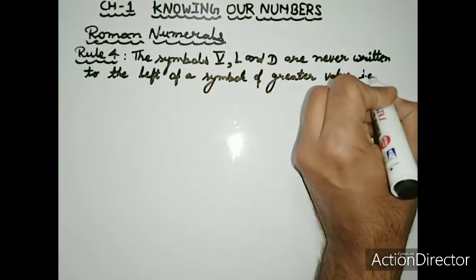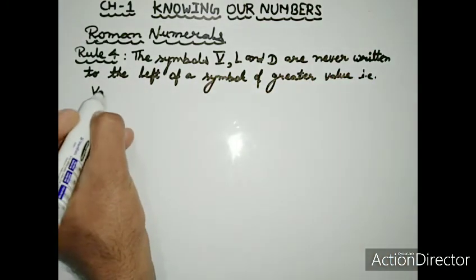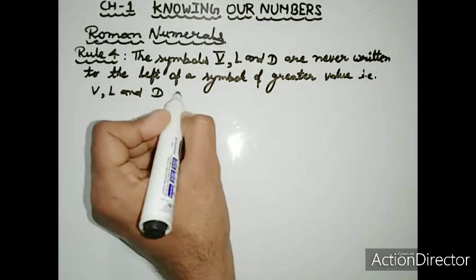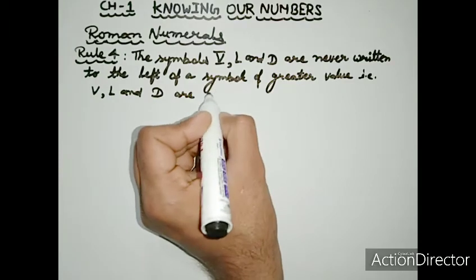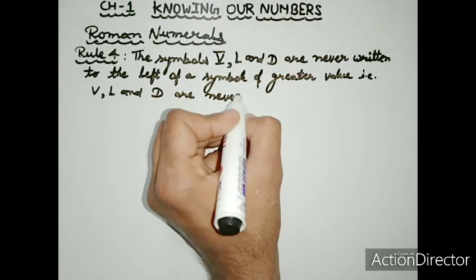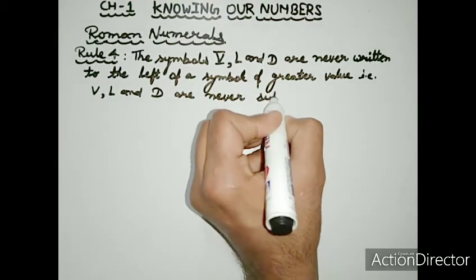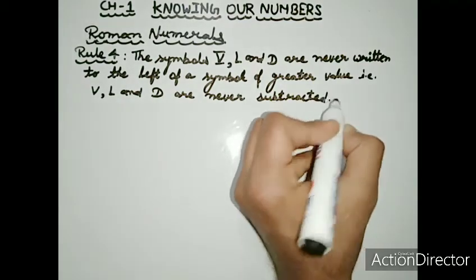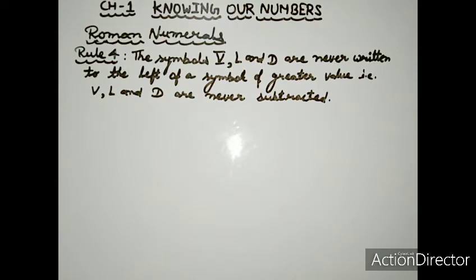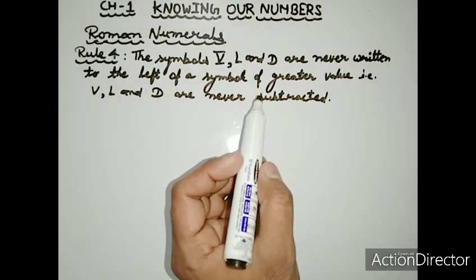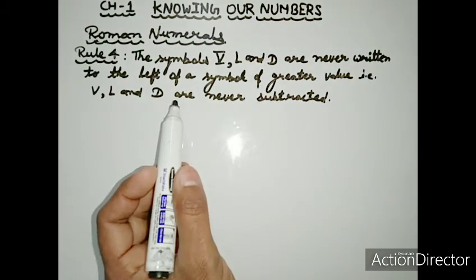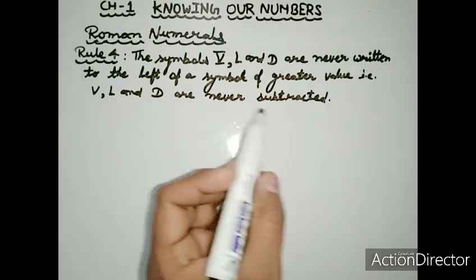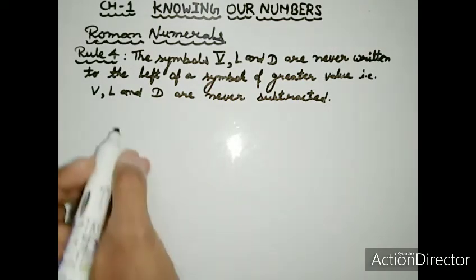That is, V, L and D are never subtracted, because if the number is not written on the left-hand side of the greater number, then the number is never subtracted. So V, L and D are never subtracted.